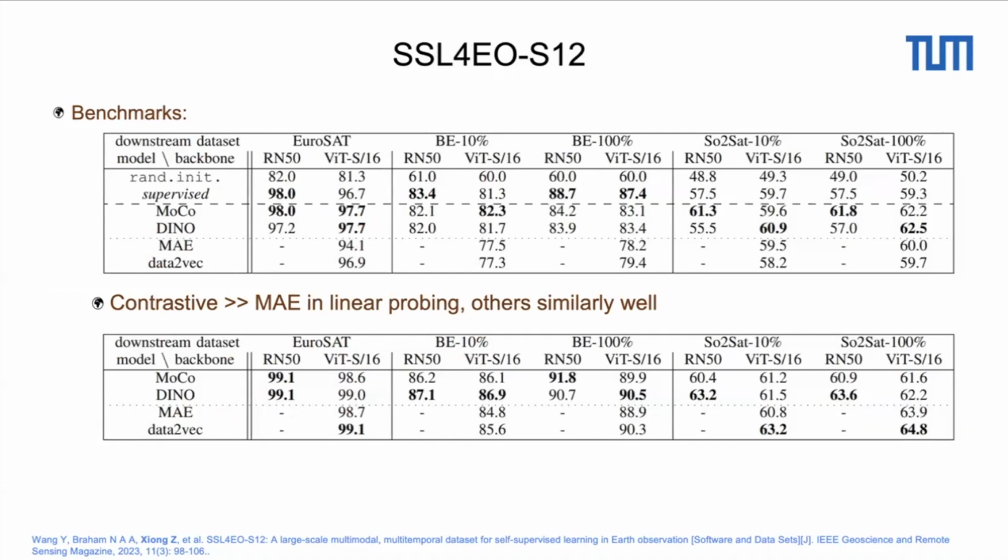We can see that using a large-scale dataset for pre-training the weights and fine-tuning on these different datasets works well. This means that building a large-scale dataset is effective. We can see from the second table that contrastive learning-based methods work better than MAE in the linear probing setting.